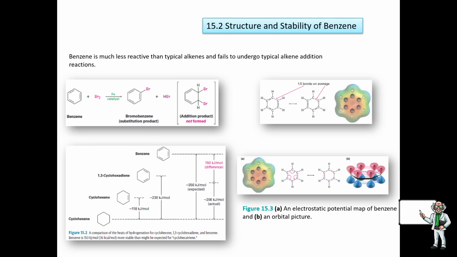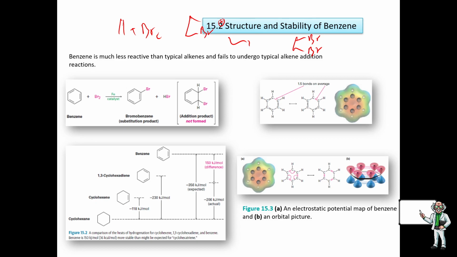If we have a double bond and we react it with bromine, what we expect is that we form the bromonium ion intermediate, and later on we get the dibromination. However, when we do a bromination in the case of benzene, what we get is nothing. There is no reaction.